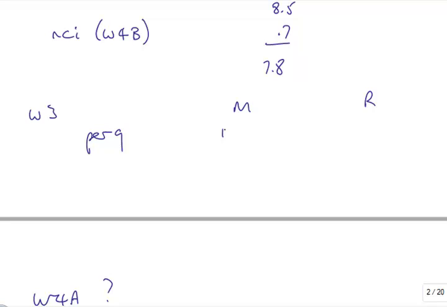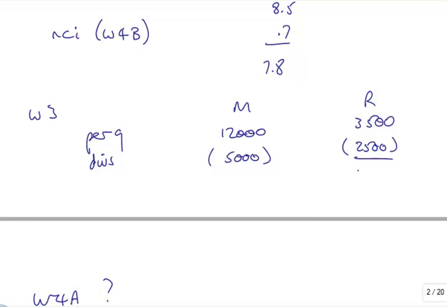Further question, 12,000 and 3,500. Dividends, 5,000 and 2,500. Retained is therefore 7 and 1.